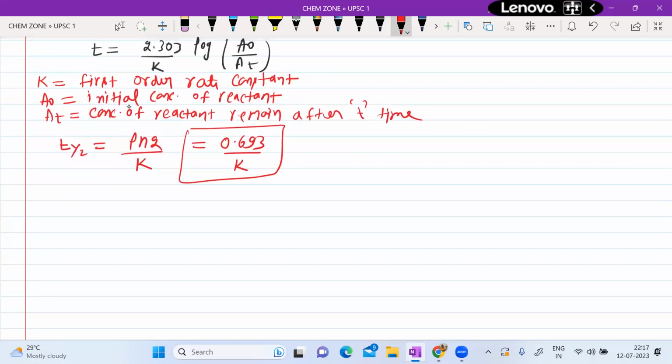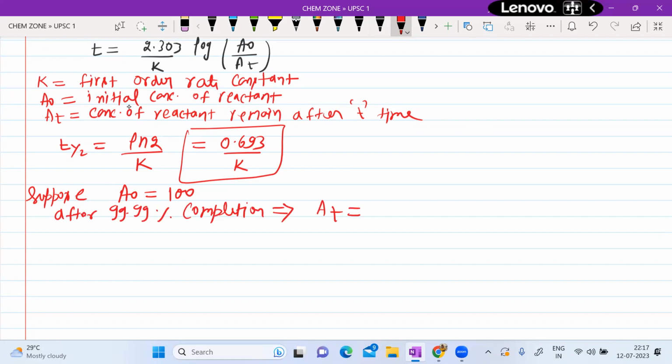Now, suppose the value of A initial is taken as 100. Then if the reaction is 99.9% complete, then the concentration of A_t will remain A0 minus 99.9% of A0.